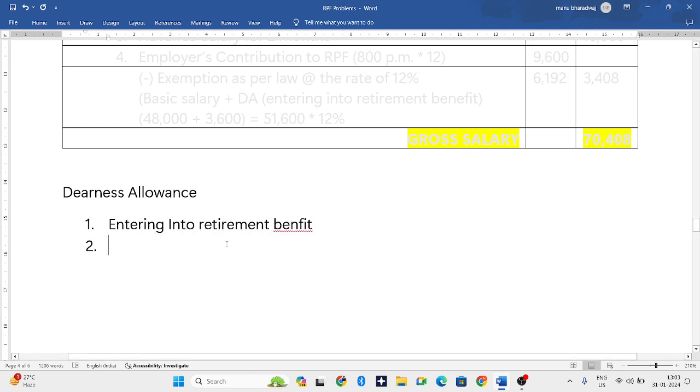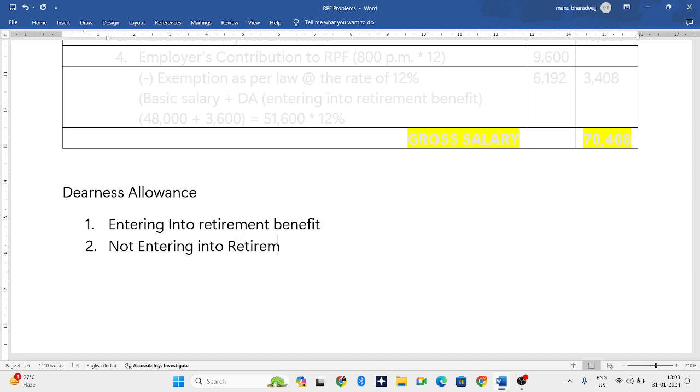The second one is which is not entering into retirement benefit. So two types of dearness allowance are there.